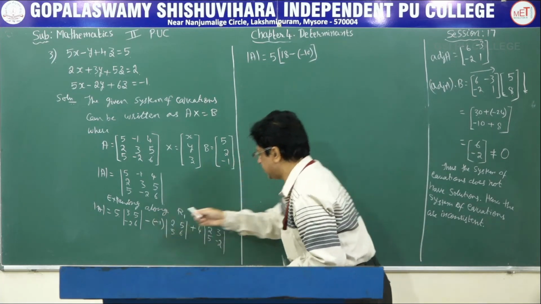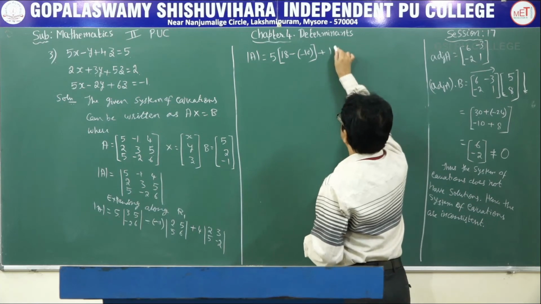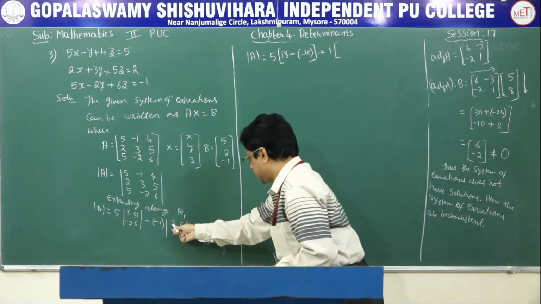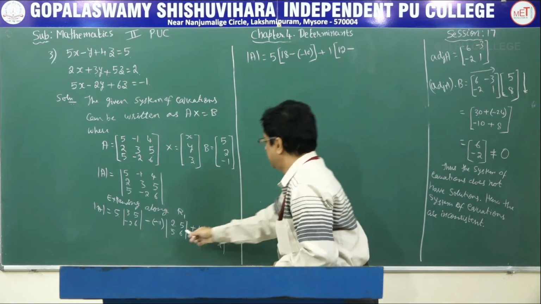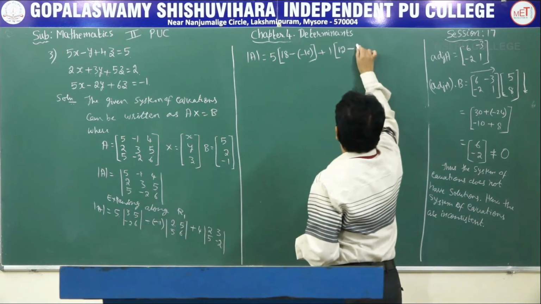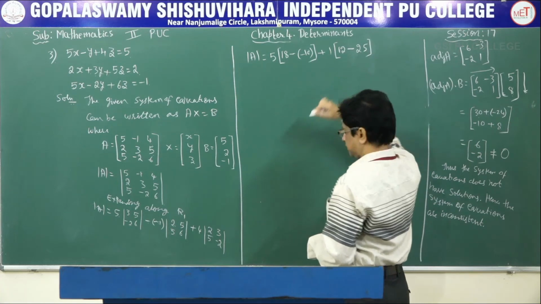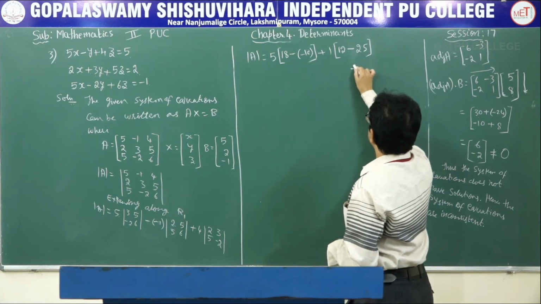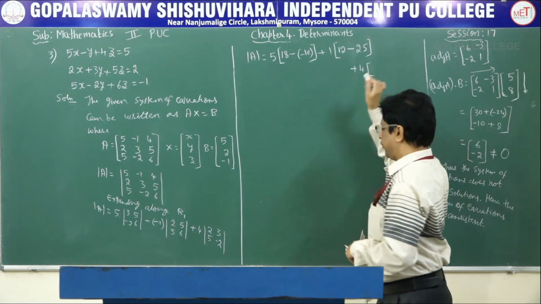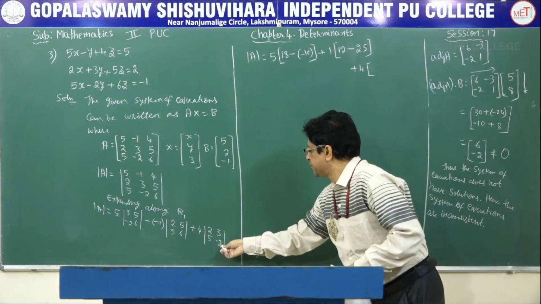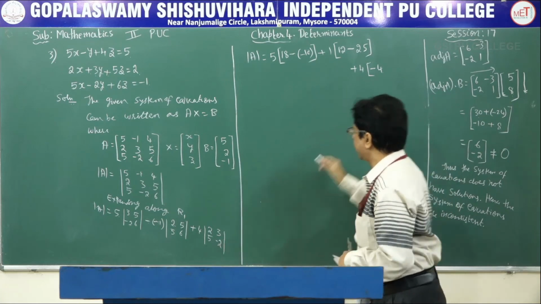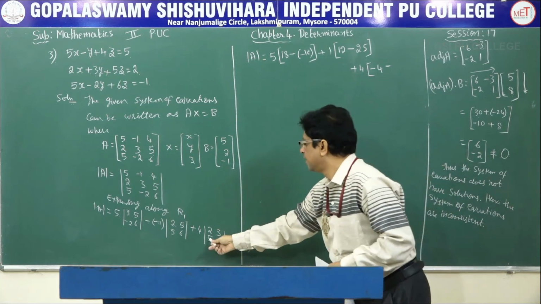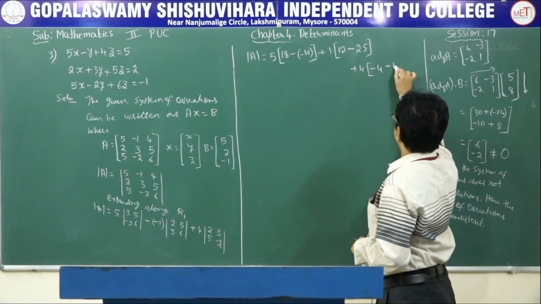So, minus into minus plus, so 1 into 2 into 6 12 minus 5 into 5 25, plus 4 into 2 into minus 2 minus 4 minus 5 into 3 15.